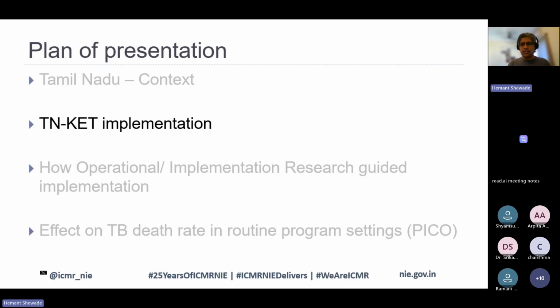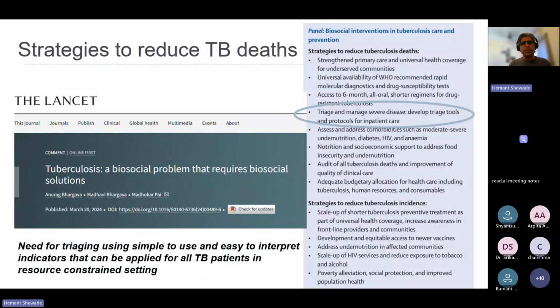With this background, let us start with TN-KET. In this short commentary by Anurag, Madhvi Bhargava and Madhukar Pai in the Lancet, they have suggested that there are many strategies to reduce TB deaths, and many strategies to reduce TB incidence. You reduce TB incidence, TB deaths will come down. You implement strategies to reduce TB deaths, obviously TB deaths will come down.